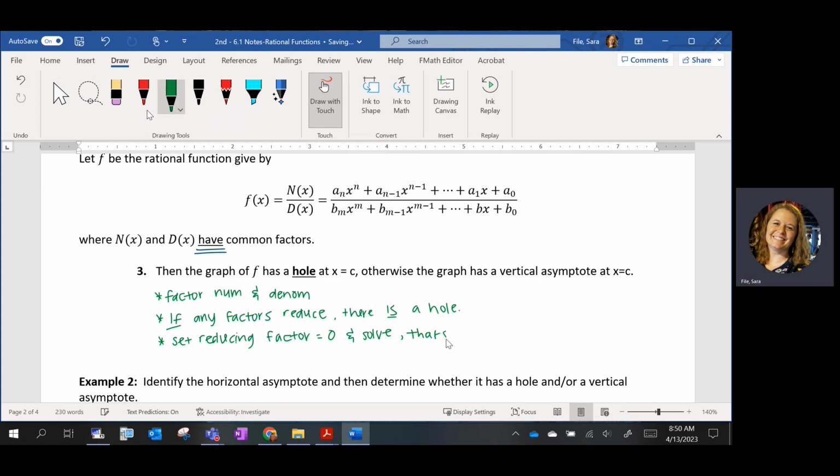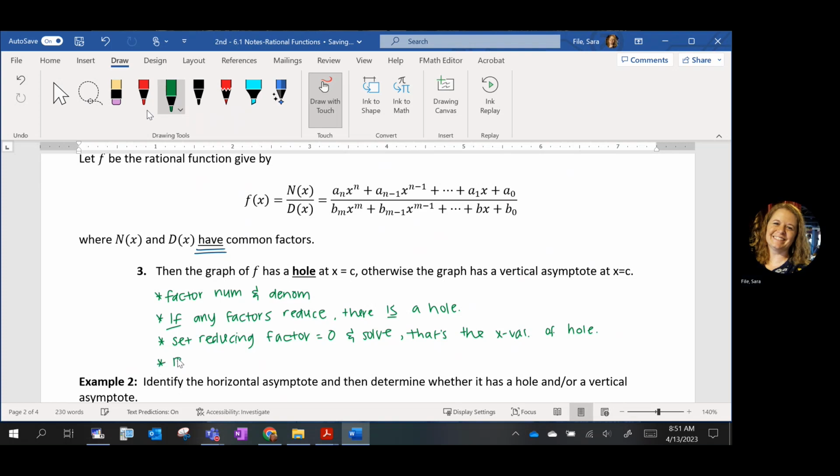What you get, that's the x value of the hole, because the hole is a coordinate. It's a single point that's been removed. We talked about discontinuities last semester. Remember, a hole is the removable discontinuity. It's just one point taken out. It's graphed as an open circle. So this will find us the x value of that coordinate, of that hole.